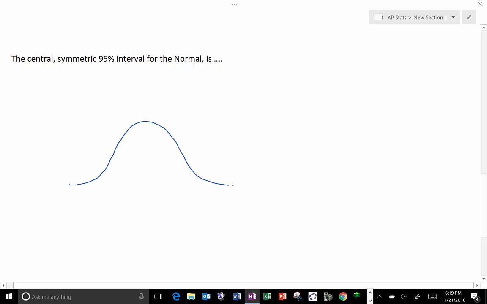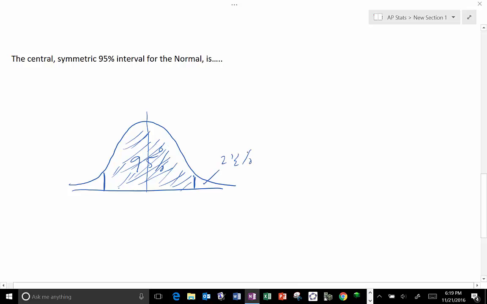So if we have any normal distribution and we want to find a symmetric interval which contains 95% of the data, or in other words 95% of the observations should lie in this interval. If there's 95% in the middle and it's symmetric, then there is 2.5% in either tail.